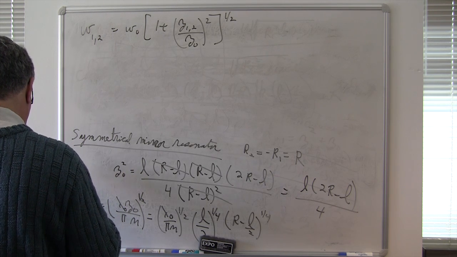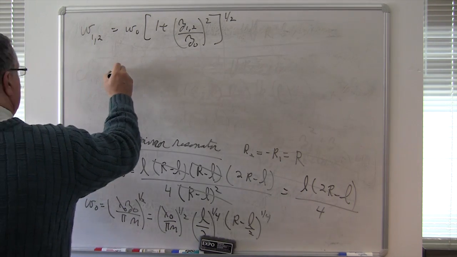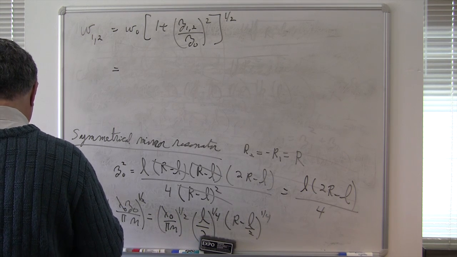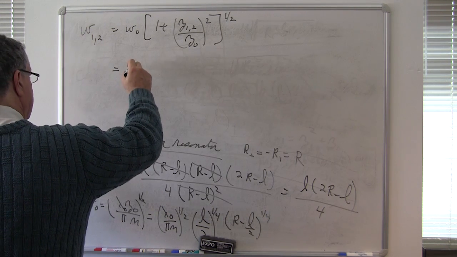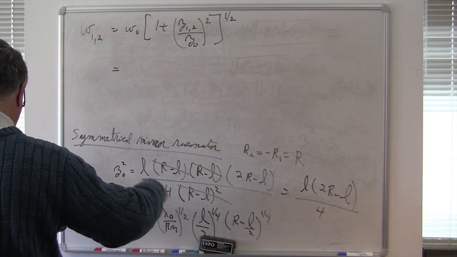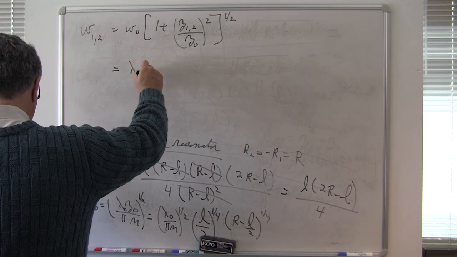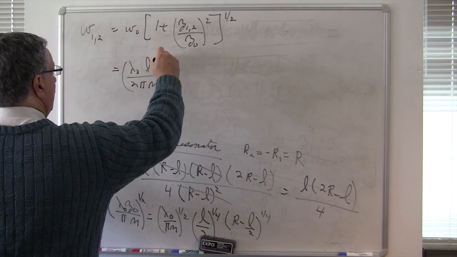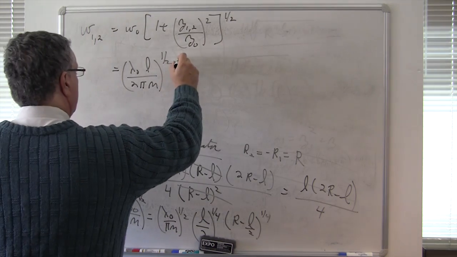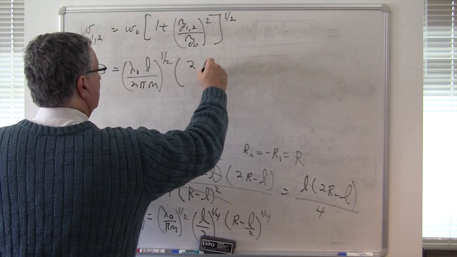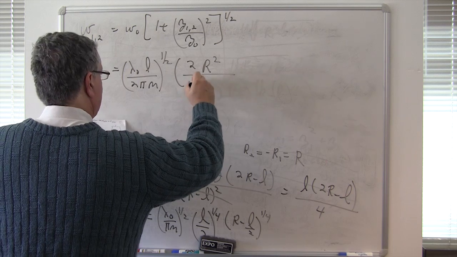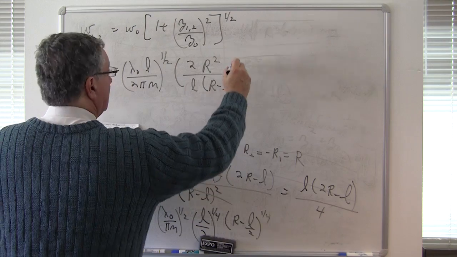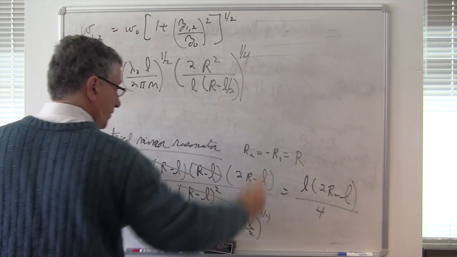It varies as a function of distance, and then we substitute this into that expression here, and what we get, using the value of W0 that we found, is W0L divided by 2 pi n to the power 1/2 multiplied by 2R squared divided by L, R minus L over 2, the whole thing to the power 1/4.